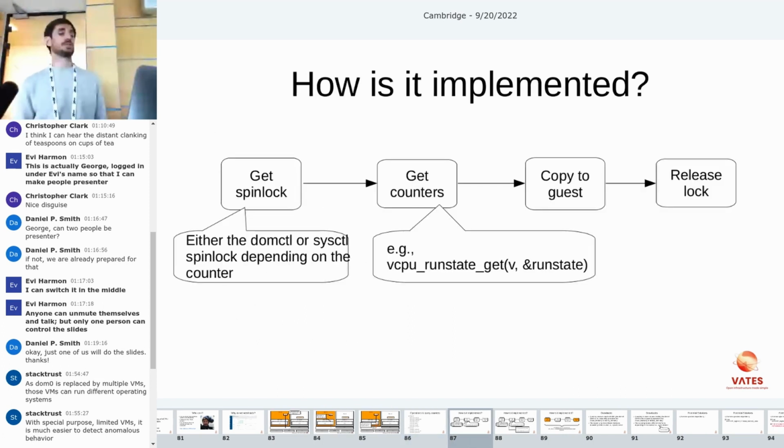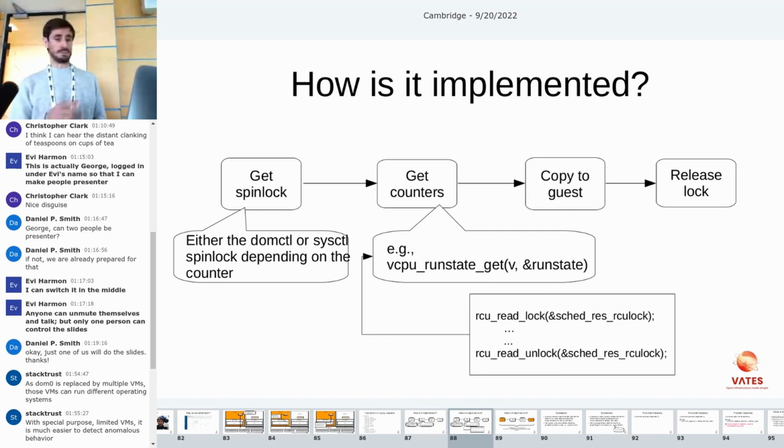So how is this actually implemented? Generally speaking, you take the spinlock, either the domctl or the sysctl spinlock, depending on the counter. Then you get the counter, you copy it into the guest, and then you release the lock. In particular, in this slide, we see that when we get counters from a particular VCPU, we are also relying on other locks, like the RCU read lock.